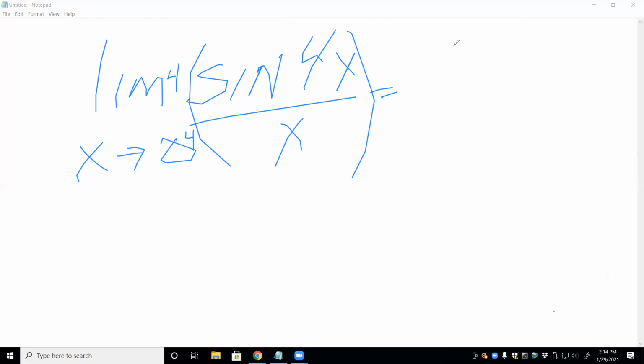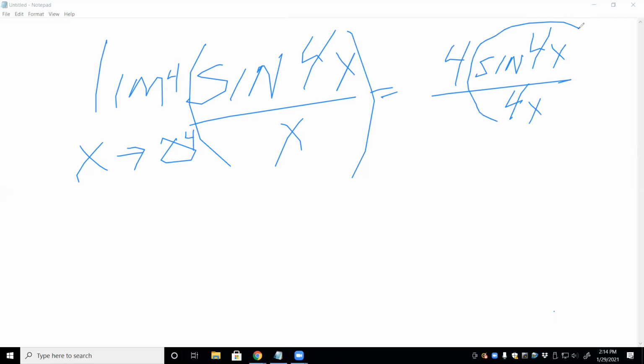So now I have 4 sine of 4x over 4x. Right. And now what is the limit of that as x goes to 0? Is it 1? Yeah. So the total limit is 4.